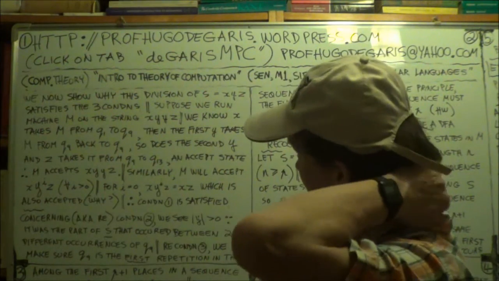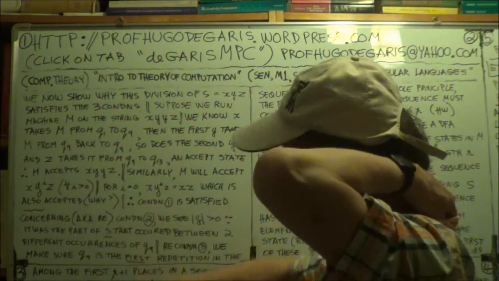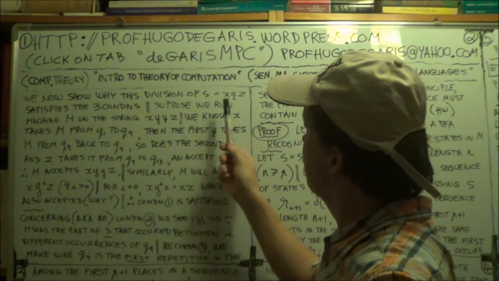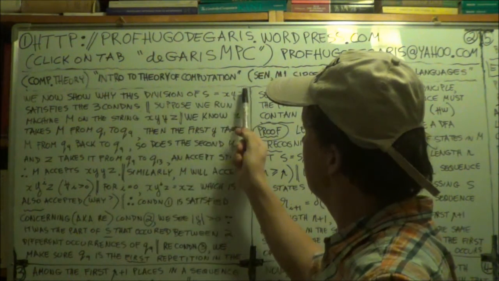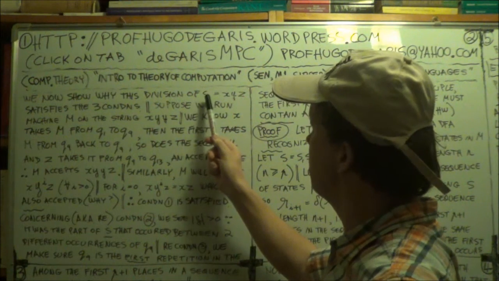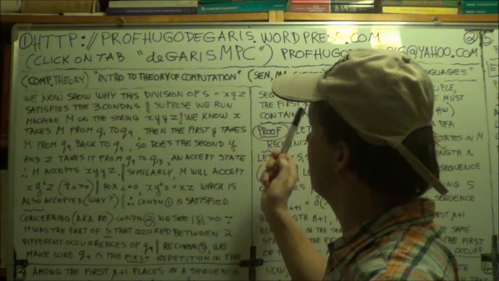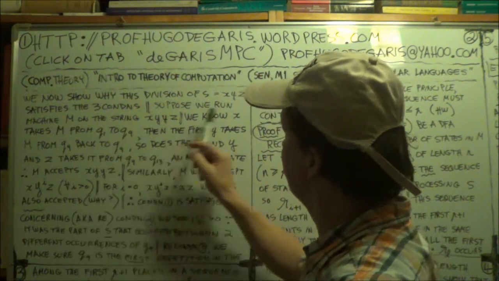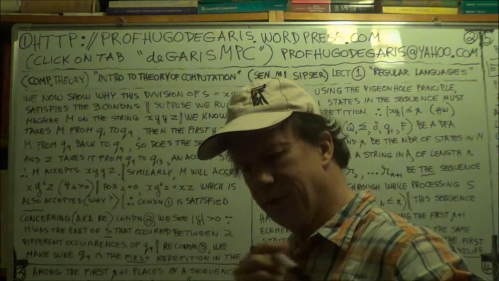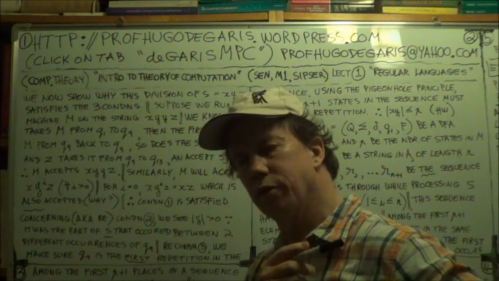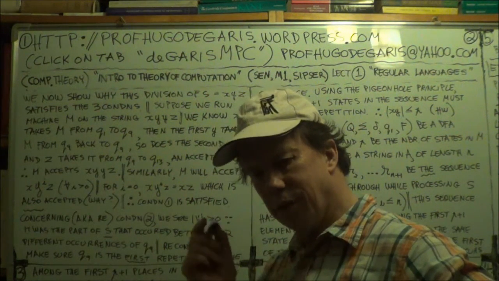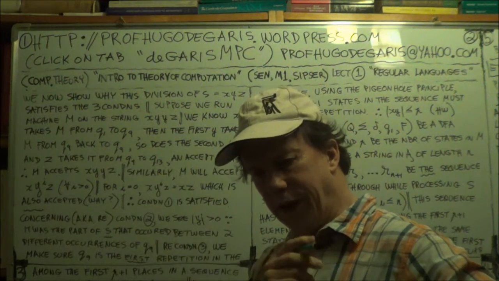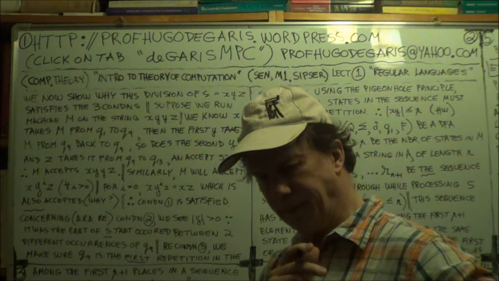Alright, now we're still in the proof idea. We got as far as showing how to split your string into x, y, and z. We had a sequence of states that the machine was going through. Let's see.